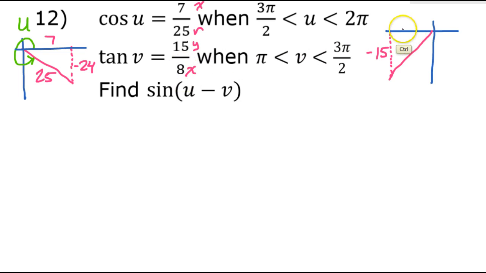And this is going to be negative 8. Okay, that's our y and our x. Now we just need to find the hypotenuse, which I believe is 17. So that's the r value. So this is angle V. Let's label it very clearly.